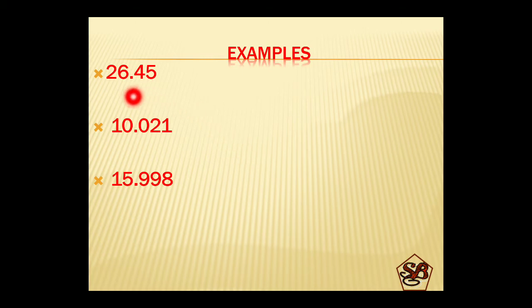For example, if we want to read this number, 26.45, we will read it as 45 hundredths, as 4 is at 10th place and 5 is at 100th place. We always speak the place of the last digit.